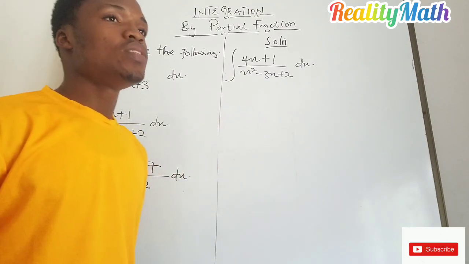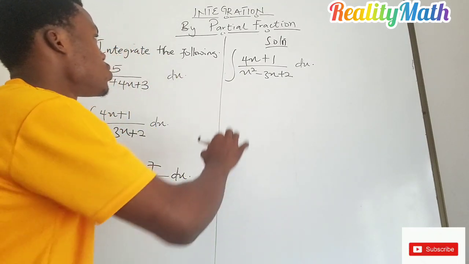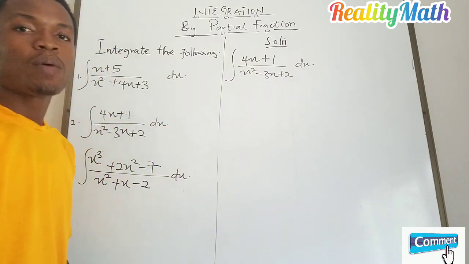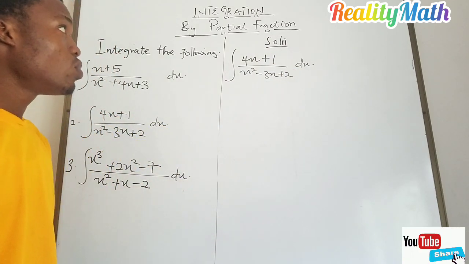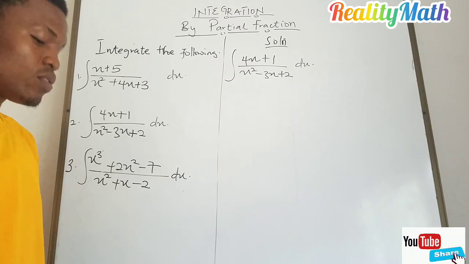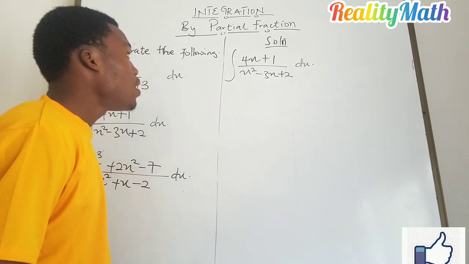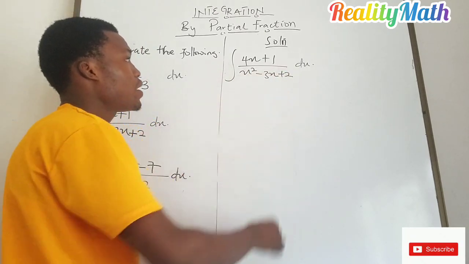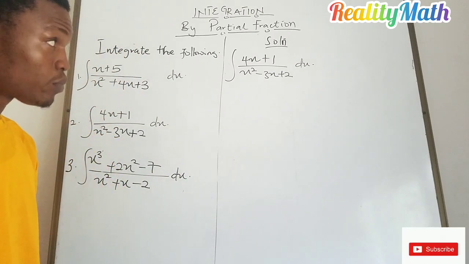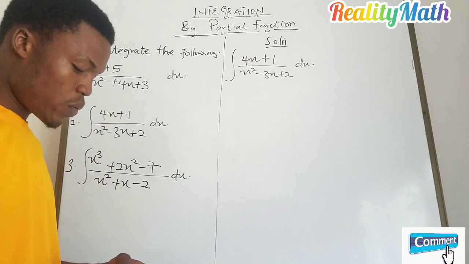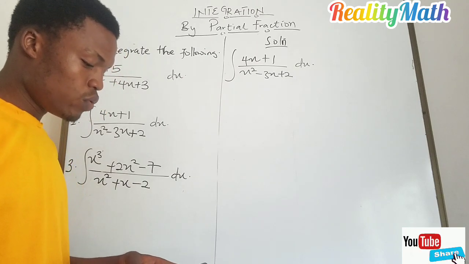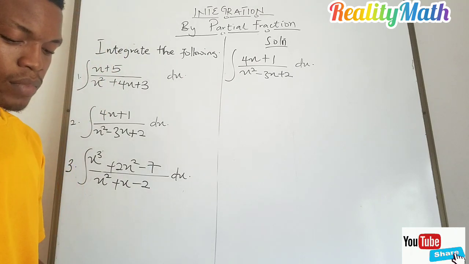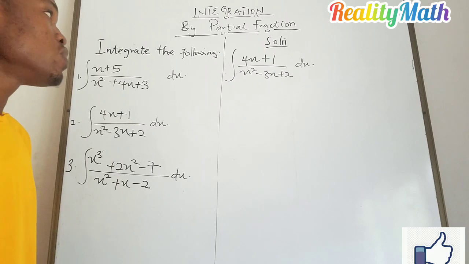Now, I told you that the first step is to break this down into partial fractions before you integrate it. So let's go straight. Let's try breaking our denominator down. We have x squared minus 3x plus 2, so the factors are x minus 2 and x minus 1.